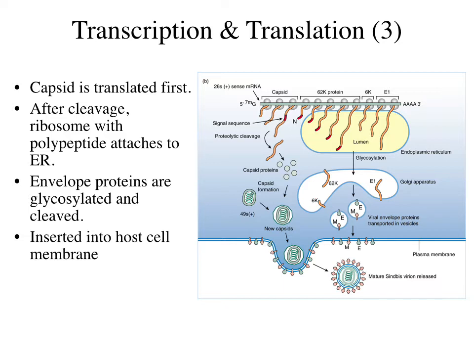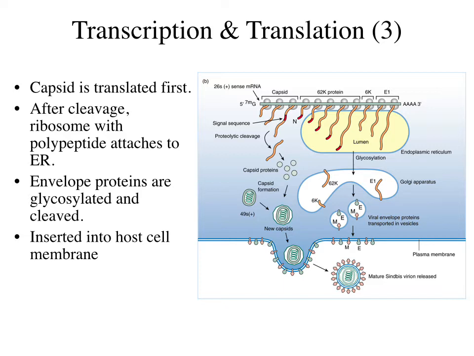The remainder of the structural polyprotein is translocated as a unit to the endoplasmic reticulum by means of a signal sequence at its N-terminus. Proteolytic processing produces PE2, 6K, and E1. Additional protein modifications are carried out during vesicle transport to the cell surface.